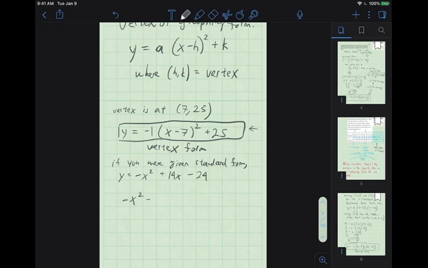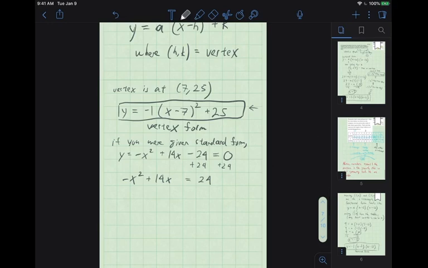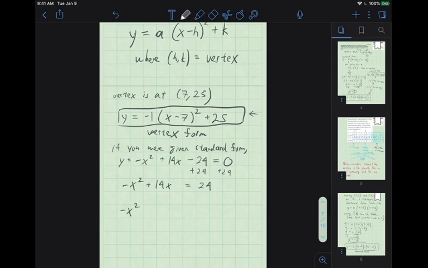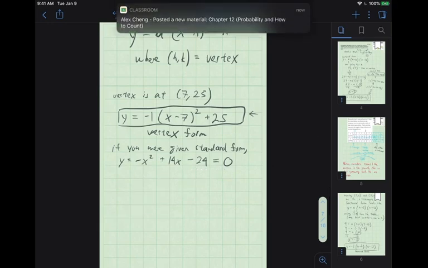We'll start by setting all this equal to 0. We'll move 24 over. And then we think, okay, we got negative x squared. First step, because completing the square is where it gets tricky.